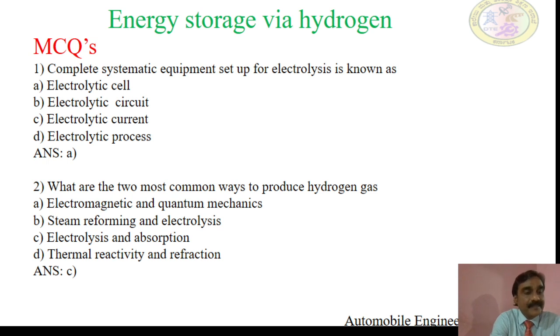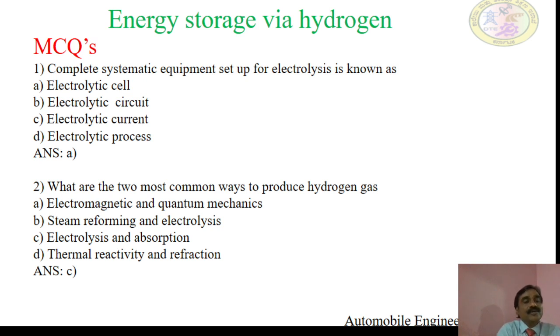Second question: what are the two most common ways to produce hydrogen gas? Electromagnetic and quantum mechanics; steam reforming and electrolysis; electrolysis and absorption; thermal reactivity and refraction.